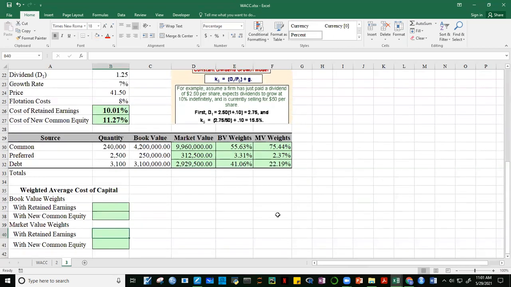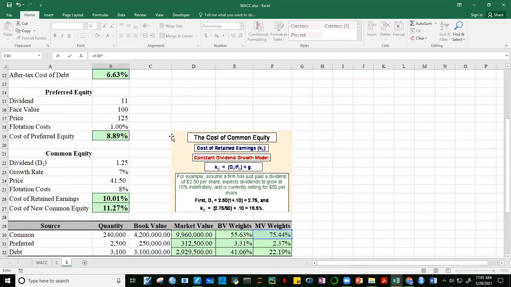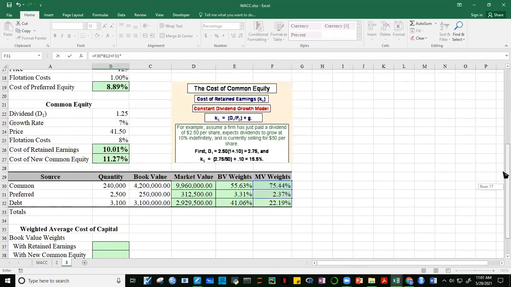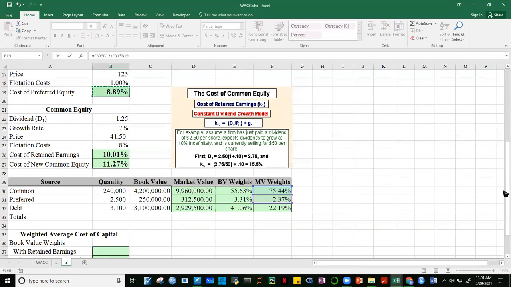The WACC is equal to, if we're using retained earnings, weight ng debt, market value ng weight ng debt multiplied by the after-tax cost of debt. This one. And then plus weight ng preferred multiplied by the cost of the preferred. This one.